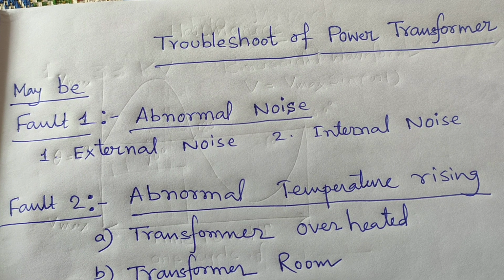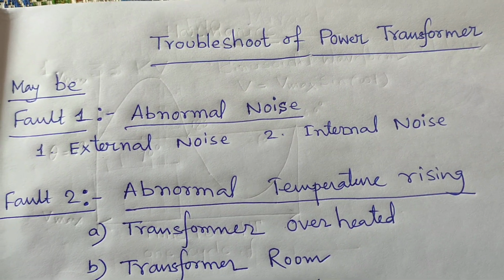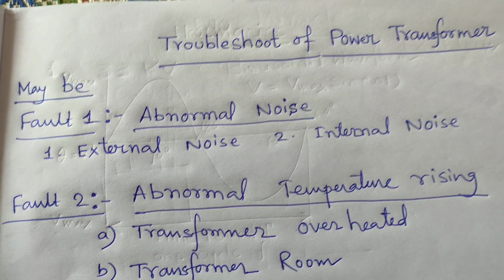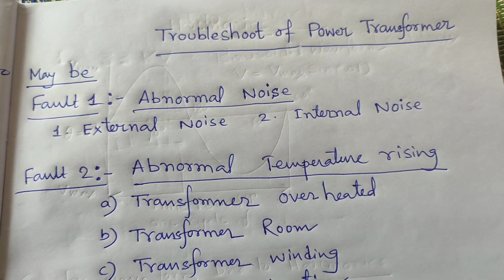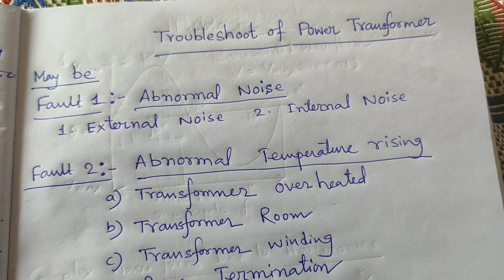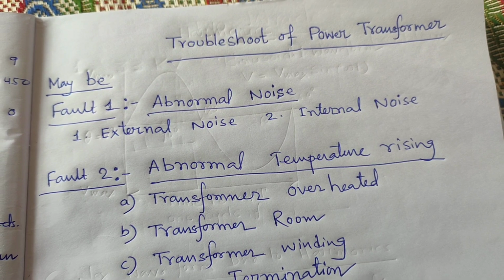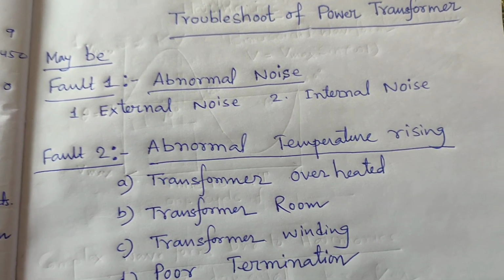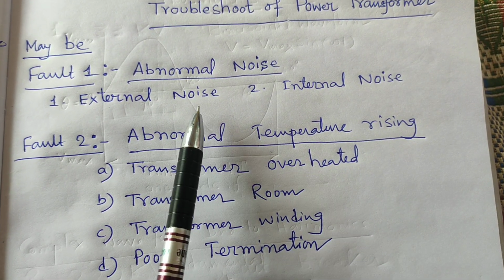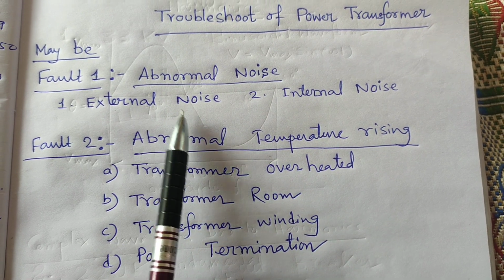If we consider that some fault is there, that means abnormal noise. That may be external noise or internal noise. External noise may be caused by loosened nut bolts, clamp connectors, etc., because the transformer's body has lots of nuts, bolts, washers, and clamp connectors.